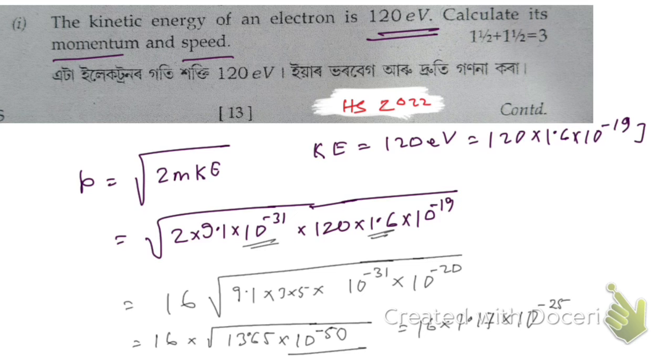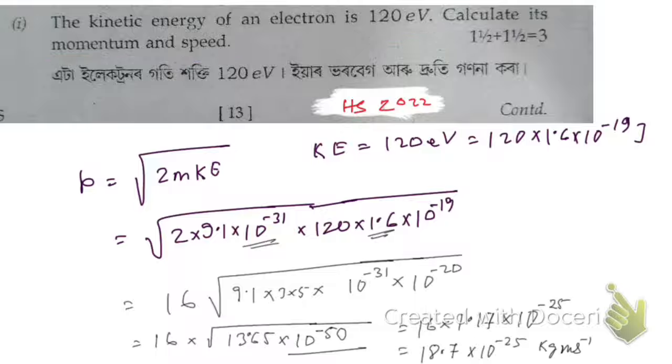Now 1.17 into 1.6, that's gonna be equal to 18.72 approximately. Let me write 18.7 into 10 to the power minus 25, right? This is the momentum, kg meter per second, right?